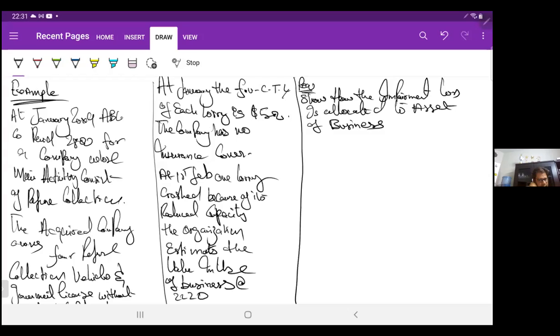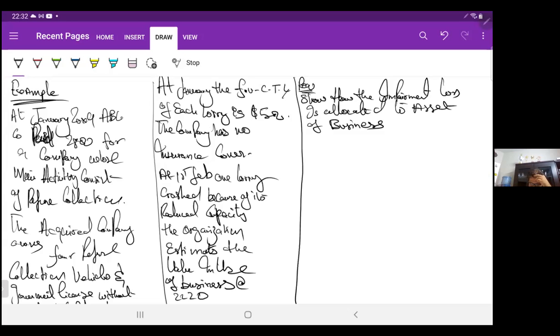All right, now here is the example. On January 2009, ABC company paid 2,800 for a company whose main activity consists of refuse collection.